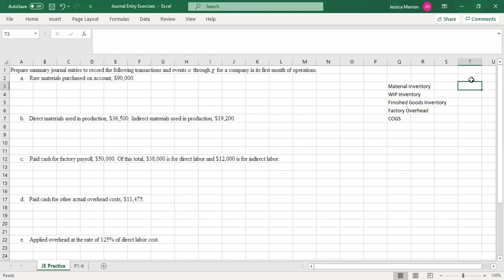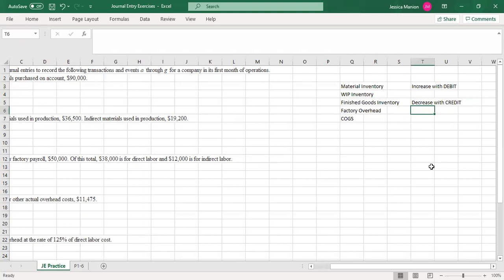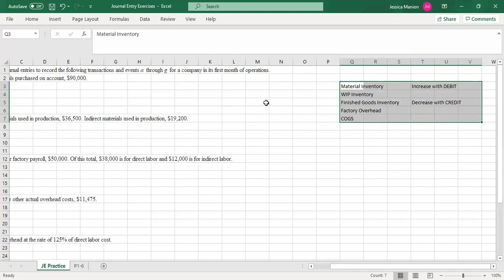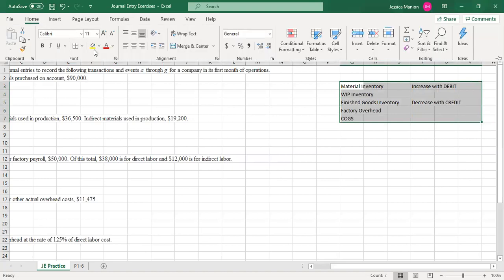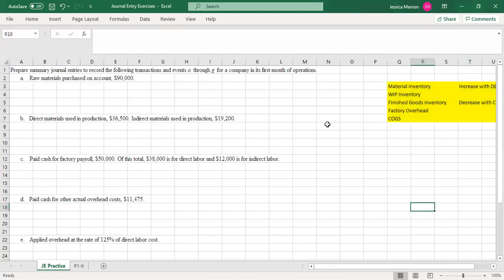They follow the same rules as assets, right? These all increase with a debit, decrease with a credit. Obviously the inventory accounts are assets, so we know that assets increase with a debit, decrease with a credit. But then also factory overhead and cost of goods sold, those also increase with a debit, decrease with a credit. So just something to keep in mind as we're going through and doing these journal entries together.